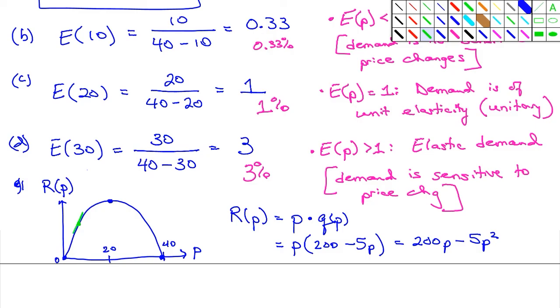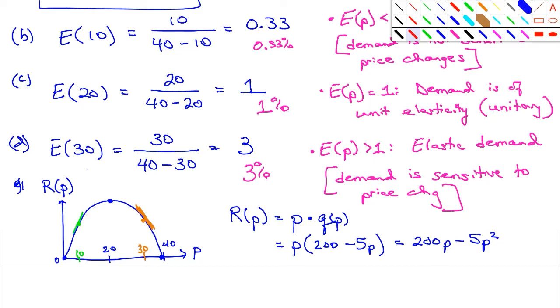On the other hand, we had a position of 30. Right, here's 30. I should mark this as 10. All right, so my 30 was right here. And if I look at the tangent line there, then we have a decreasing revenue caused by elastic demand. When I increased the price by 1% there, it caused a decrease in demand by 3%. So our revenue was definitely going down.